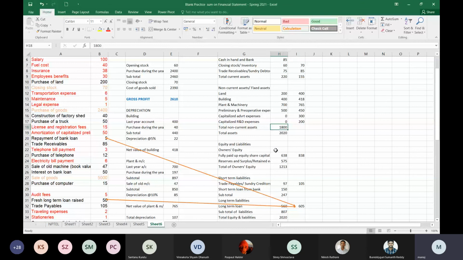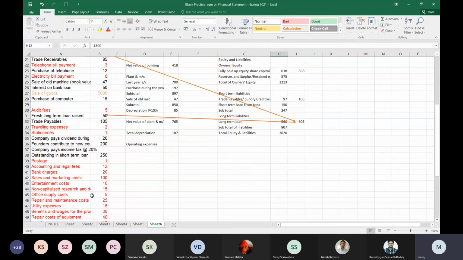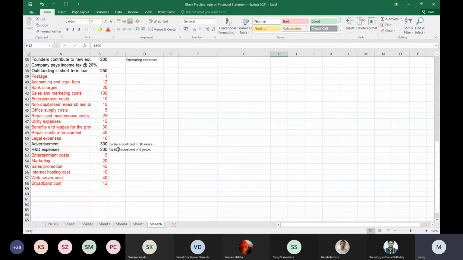Right. Now suppose you decide that even though you have incurred these expenses this year, you want to start amortizing this year itself. If you are amortizing in 10 years, how much is the amortization this year? 30 rupees, 300 divided by 10.